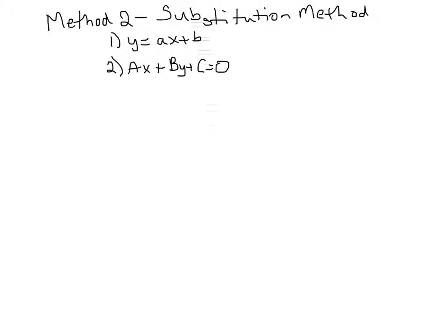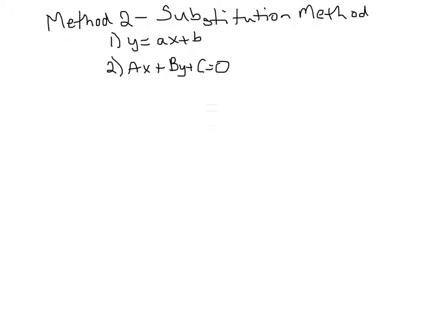And actually, it doesn't matter if it equals 0 or if they have a number over there. The key for substitution method is that you have in one of your equations a variable all alone. So in this case, my y here is all alone on one side of one of the equations. And in the other equation, you have your x and your y on the same side of the equation.